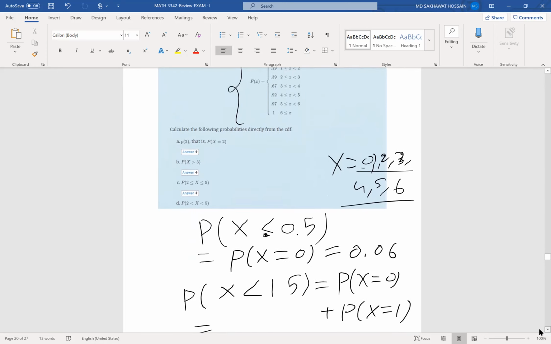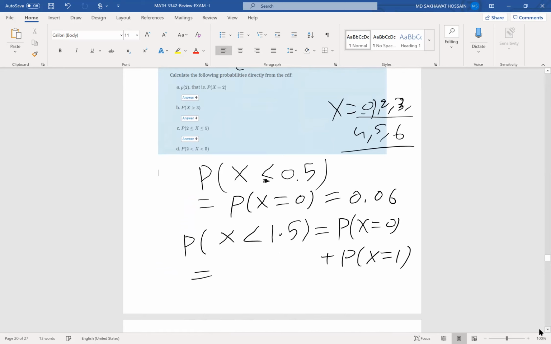So the sum of these two probabilities is 0.19. We know the probability for x equals 0 is 0.06. So to find the probability of x equals 1, we subtract 0.06 from 0.19. So the probability of x equal to 1 is 0.19 minus 0.06.